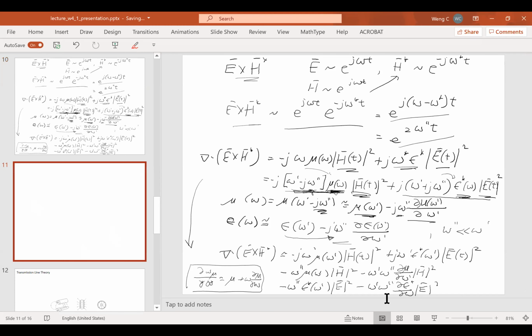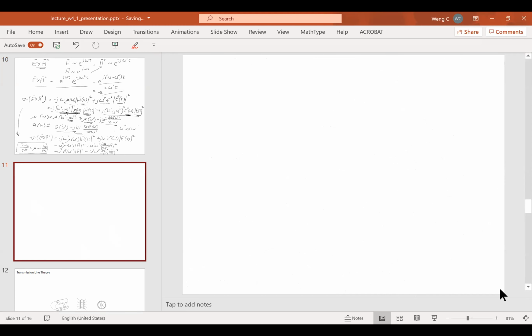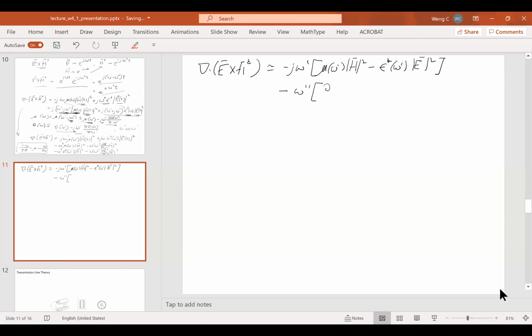If I use that, then I can rewrite the right-hand side more simply as divergence of E cross H star being equal to minus J omega prime mu of omega prime H squared minus epsilon star omega prime E squared. Okay, and then because I was able to combine the 2 terms into 1 term, I only have 2 terms left. The second part that looks very complicated can be written as this.